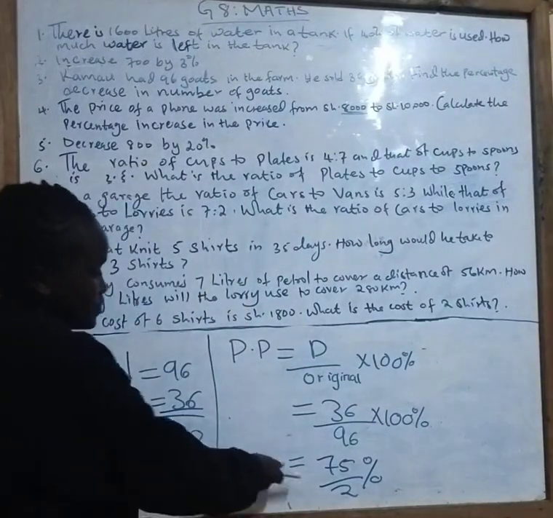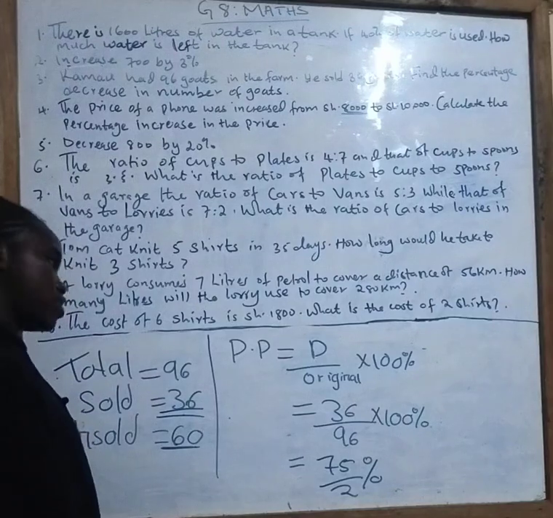This is your answer. What is the answer? 75 over 2%.